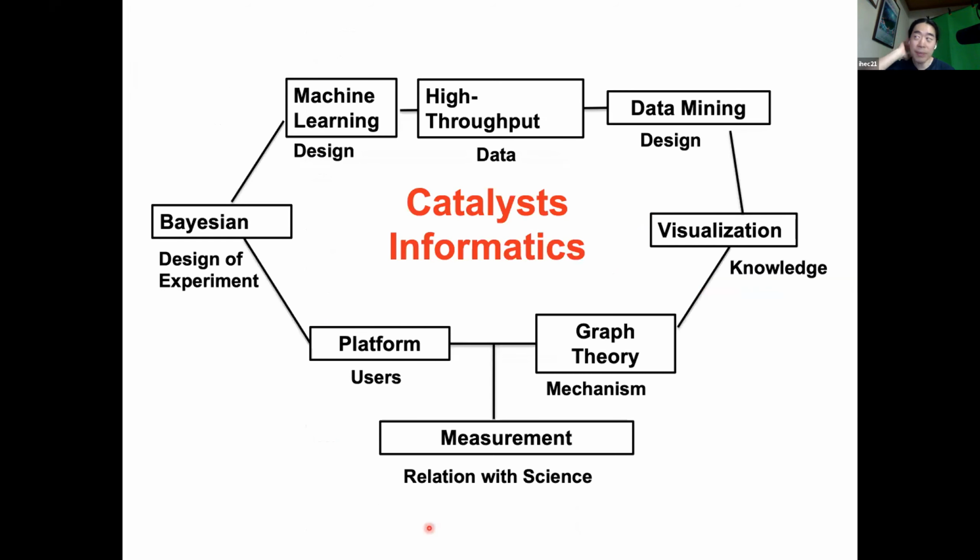So I'm going to summarize today's talk. As you can see, catalyst informatics is quite a new field, and I only focused on machine learning, but this field actually consists of multiple different fields. With machine learning, of course, you can design, but high-throughput experiments or high-throughput DFT can collect the data, and also data mining to get new knowledge, scientific visualization, and platforms so that many users can use it.